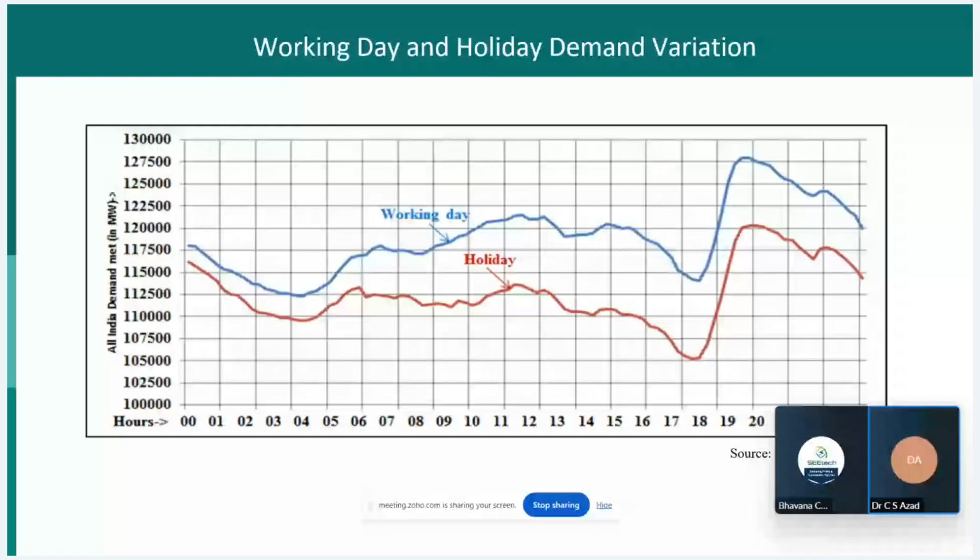But these two curves will be different for the working day and holiday period. This you can understand by looking at these demand curves. Next.